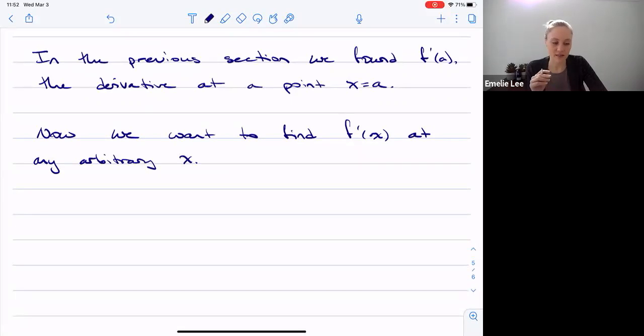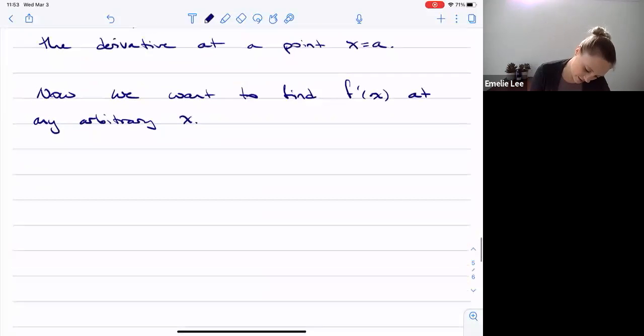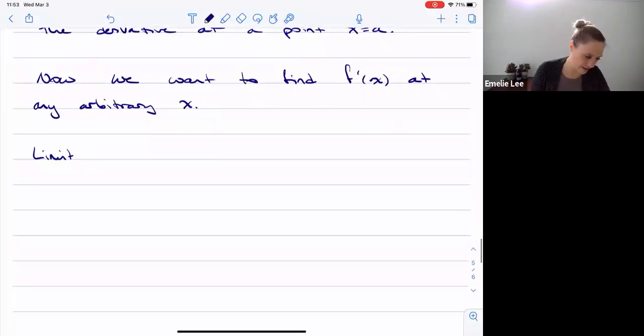It's basically what we've built up to, why we need to know all these limit rules, because depending on the function, we might need to manipulate it to be able to evaluate this limit. Ultimately, we're building up to using the limit definition of the derivative to find the derivative.